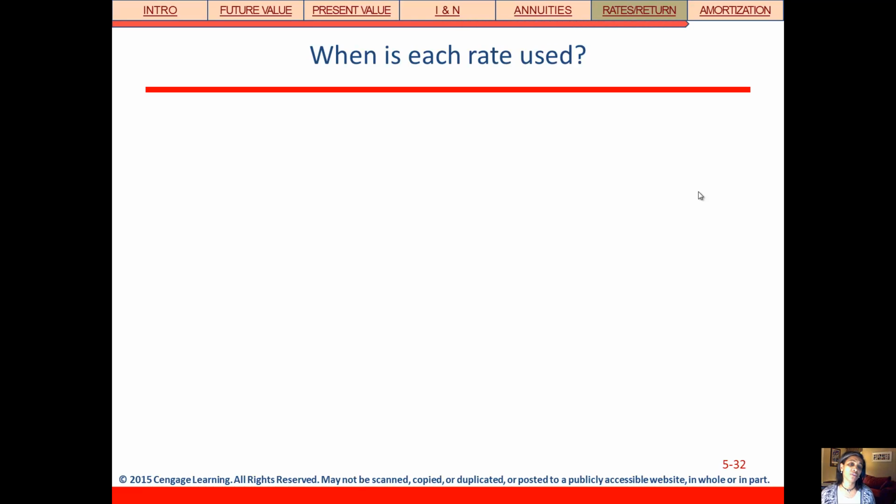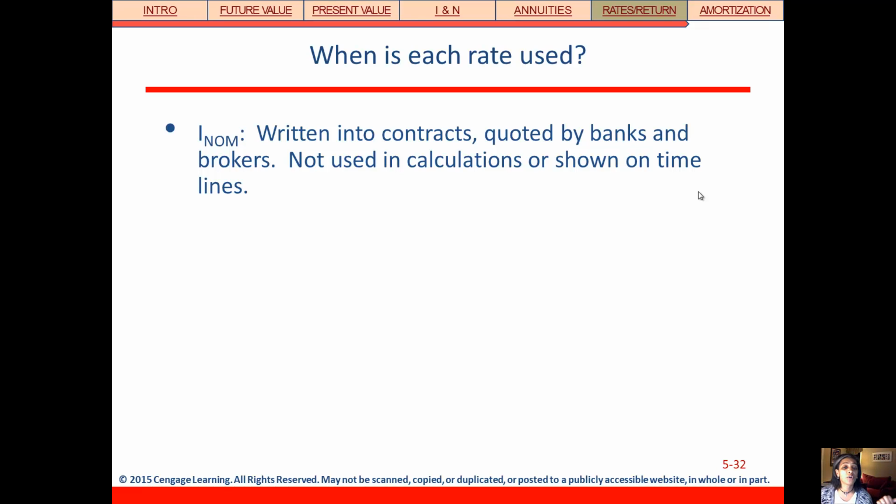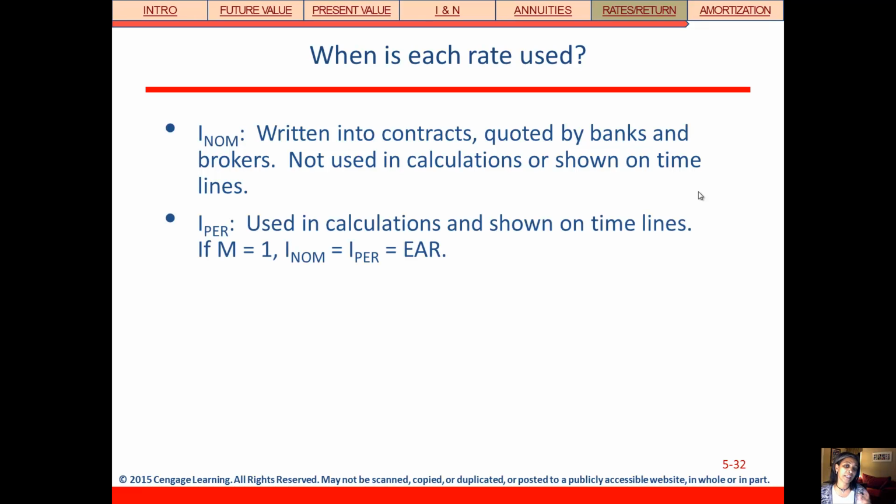So when is each rate used? Now we've talked about the nominal rate and the effective rate. So the nominal rate is what's going to be in contracts. It's what banks will quote, and what brokers will quote. But typically it's not what we use in a calculation. In calculations we're going to use the periodic rate. I was hesitating a moment ago because actually there is one time where we're going to use the nominal rate in calculations, and that's when the compounding frequency is annual, right?